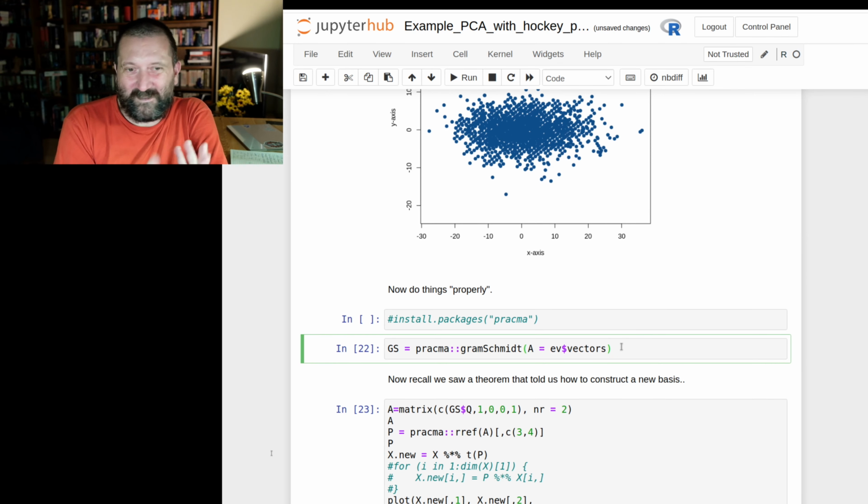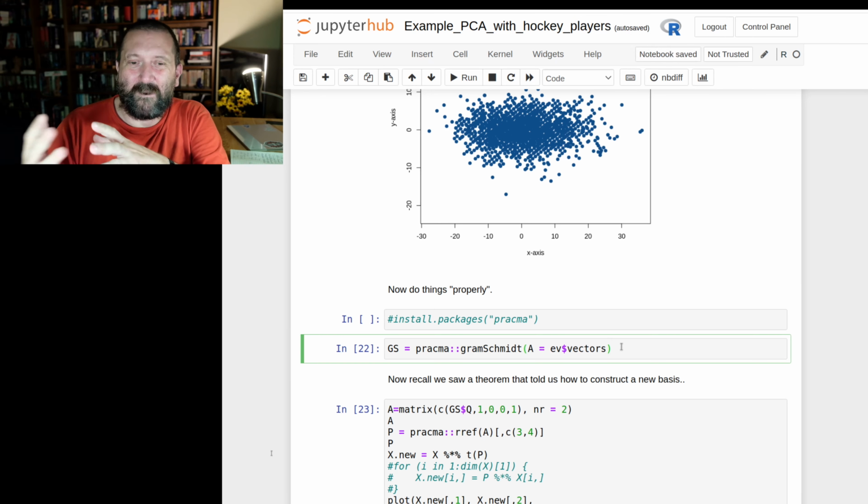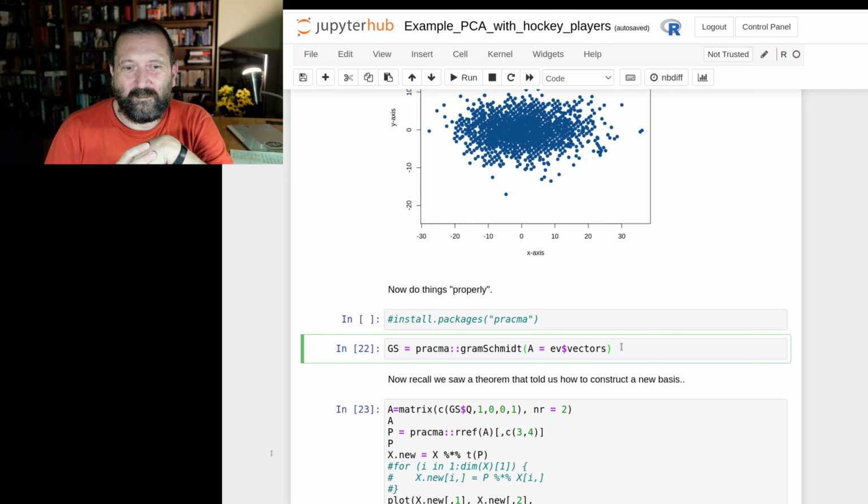Well, there's a function to compute the Gram-Schmidt, to apply the Gram-Schmidt procedure to some vectors. And here, the input to this function, we're using the eigenvectors we have. So when we run this, we get, probably I should show you what we get.